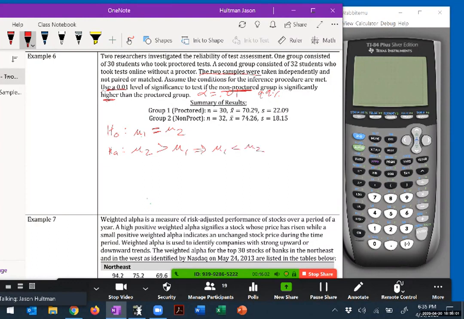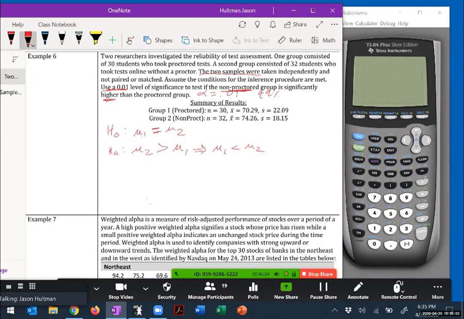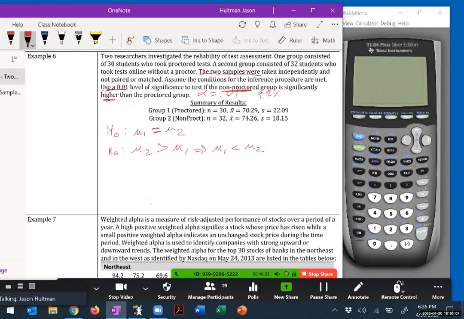They're saying is group 2 bigger than group 1? Well, isn't that the same as saying is group 1 less than group 2? And yes, it is. It's the same thing. Trust me on that. So that's part 1.